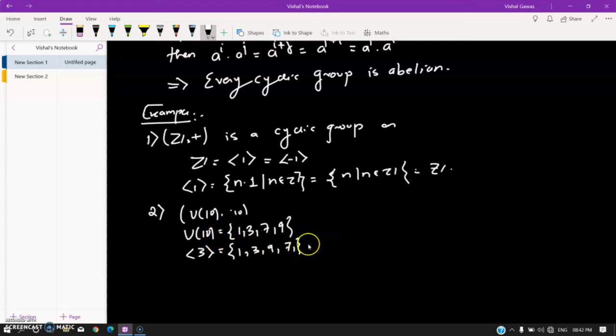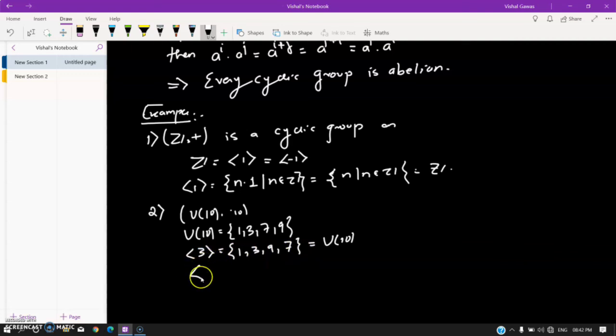So what I get here is the complete U10. It generates the group. What about the inverse of 3?